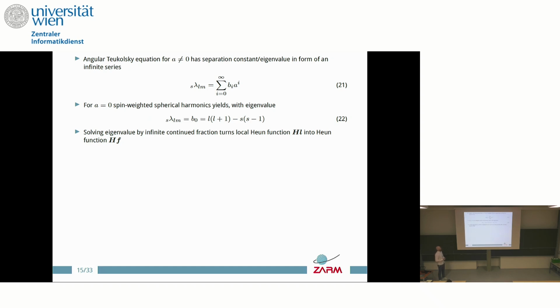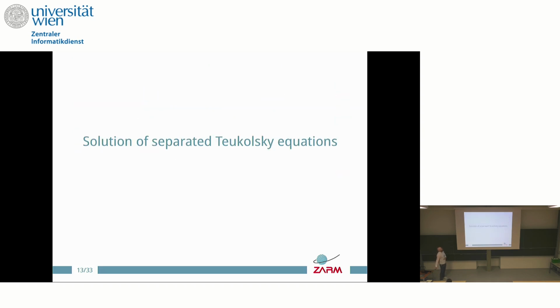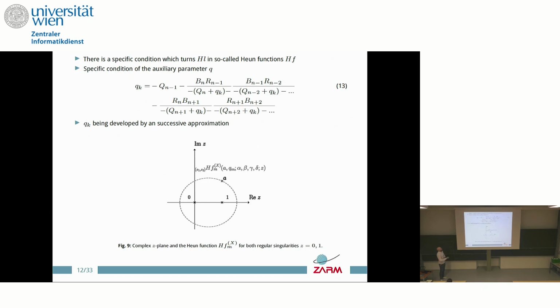For Kerr-de Sitter, this is way more complicated. So we can use the information we have from the transformation to the Heun functions. And for this, the eigenvalue has to have a very specific form, and we can use the successive approximation for this case, because the lambda is encoded through the transformation now in these Qs.